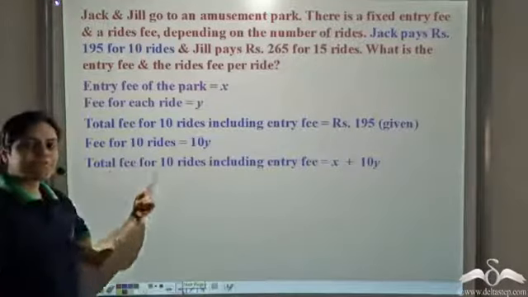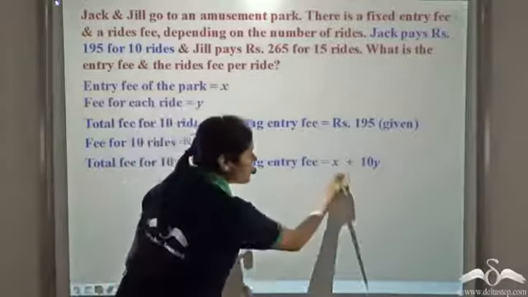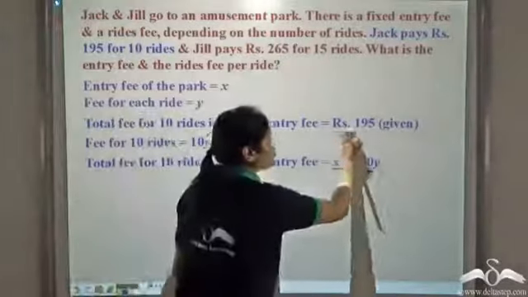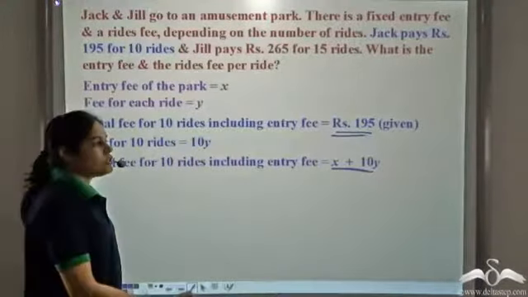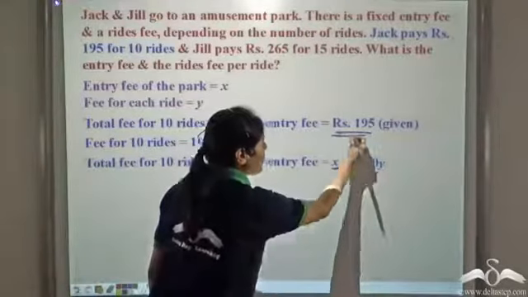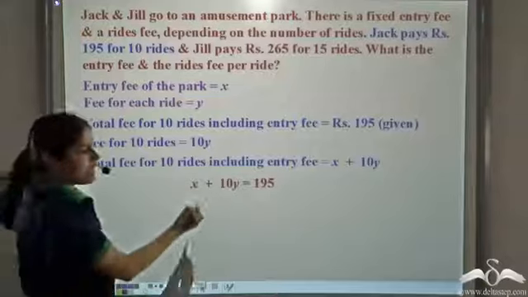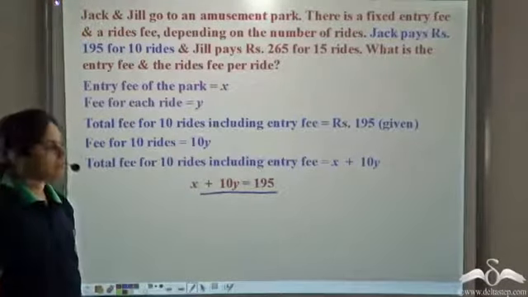So total fee for 10 rides, including entry fee, is x plus 10y. And this should be equal to rupees 195, which is given to us. So x plus 10y is equal to 195.